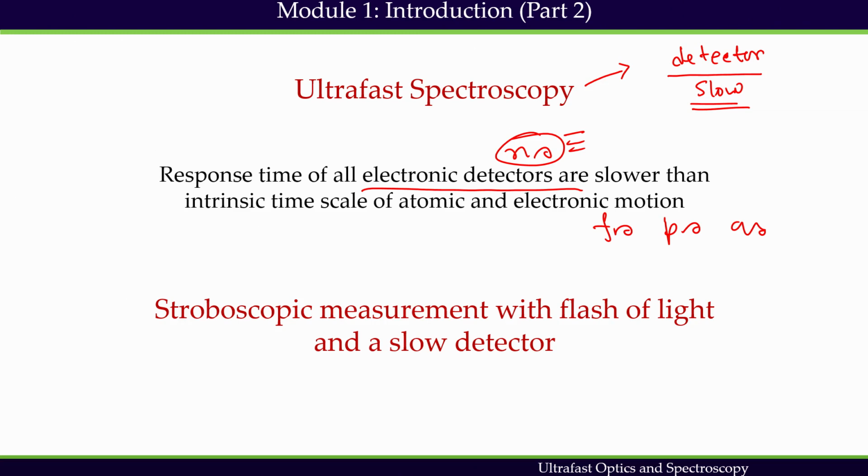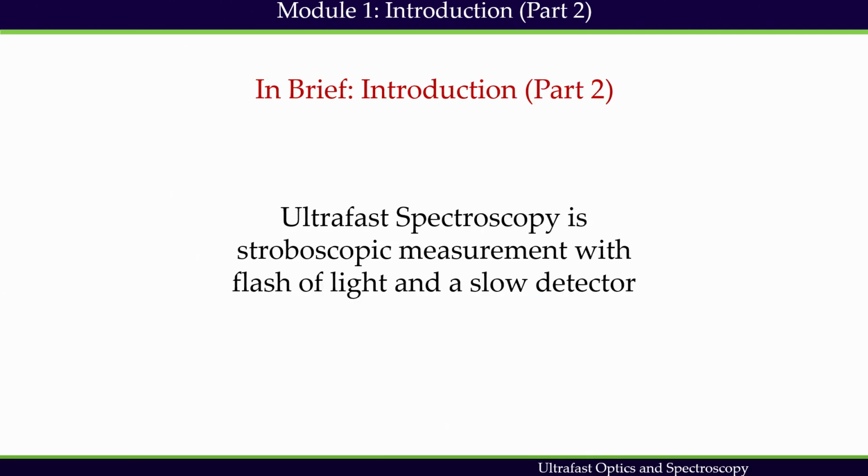How a slow detector can be used and what kind of interpretation we have, that is all about this course. So, with this we have come to the end of this module. In this module again we have gone over different relevant time scales, and one important concept which we have introduced is that stroboscopic photography is the only answer to the problem we have.